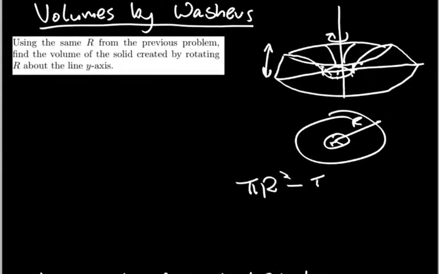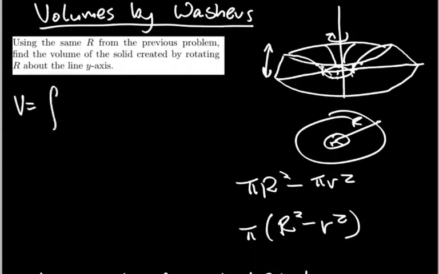The area of the inside is pi small r squared, right? In other words, pi times big R squared minus small r squared. So the integral is going to be from 0 to whatever that height is where they intersect there, and then big R squared minus small r squared dy.